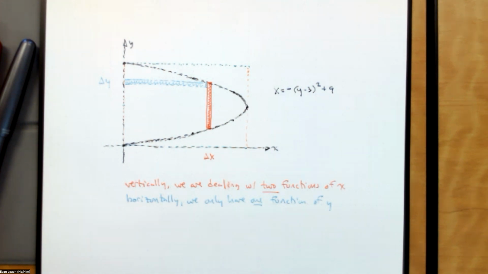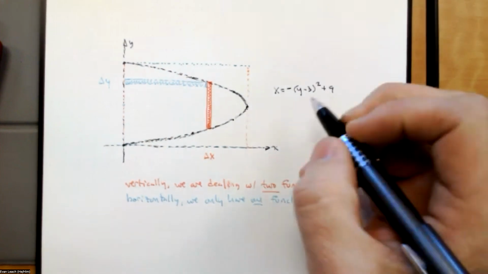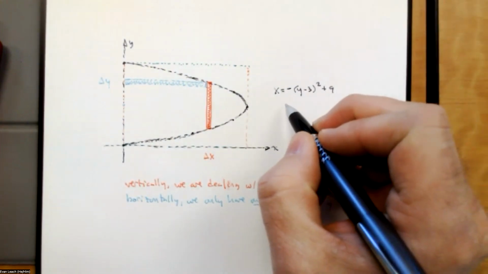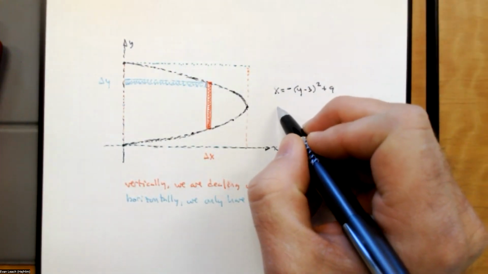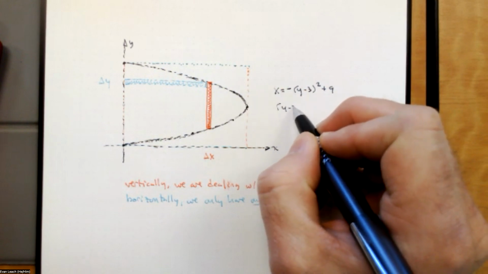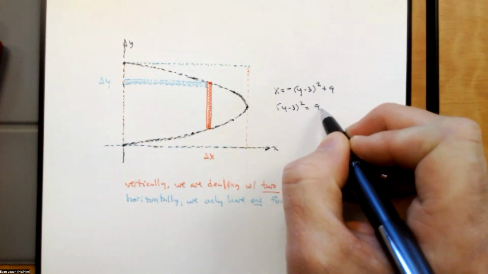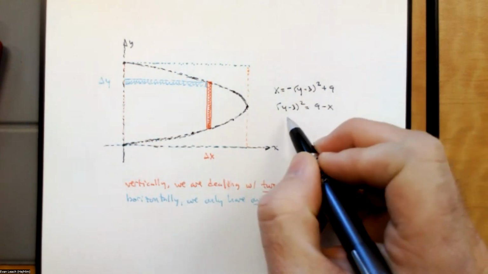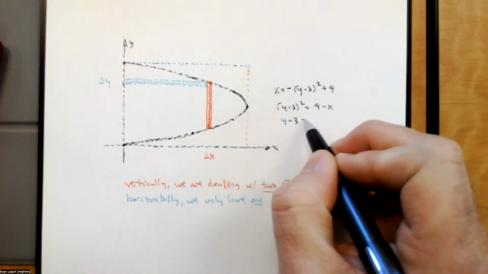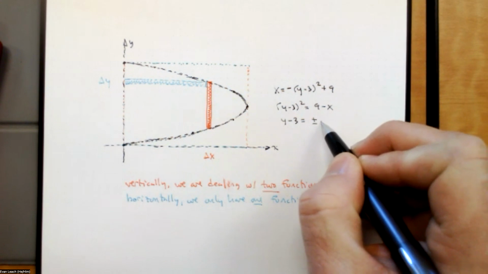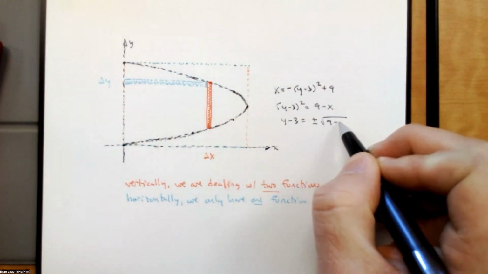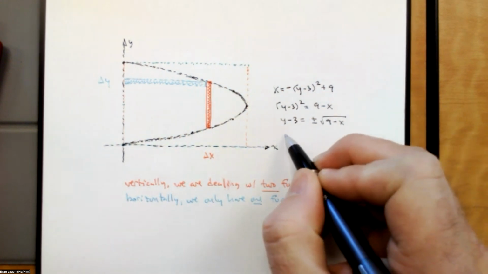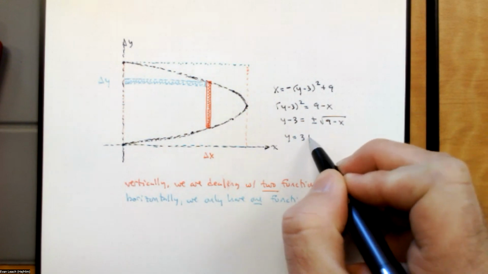If we solve for y here, we're going to have that top and bottom part, that plus or minus that shows up. So solving this for y, we'll have y minus 3 squared is equal to 9 minus x, and then square rooting is where we get the top and the bottom parts of the parabola, and then we move the middle.